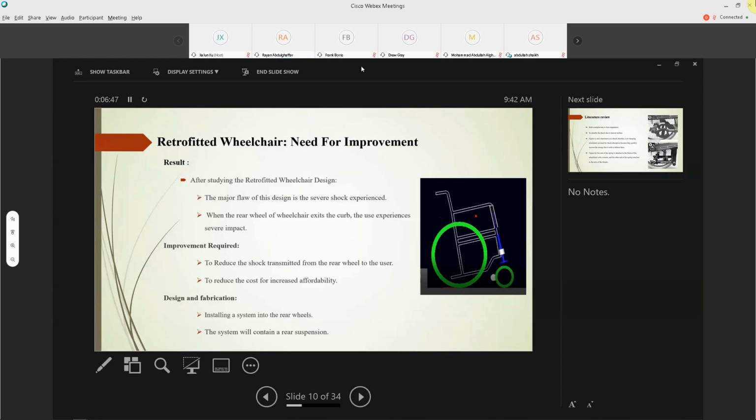And the result after studying the retrofitted wheelchair and what needed improvement. After we studied the retrofitted wheelchair design and tested it physically, we found out that when the rear wheel exits the curb, it transmits a hard impact to the person, and that hard impact we need to improve to make it our improvement requirement.